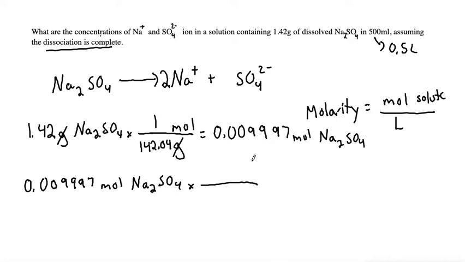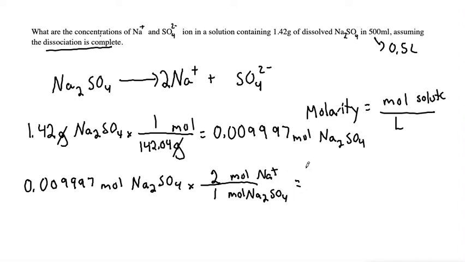And to convert to moles of Na+, we would put the moles of Na2SO4 on the bottom and moles of Na+ on top. Since the coefficient of the Na2SO4 is just a 1, we'll put a 1 there, and a 2 coefficient for the moles of Na+.